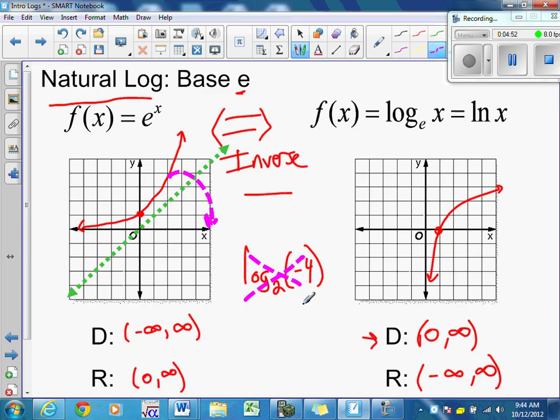I can't put a negative in. And actually, I can't even put in 0. I can't raise 2 to a power and get 0. So my domain is x has to be greater than 0.